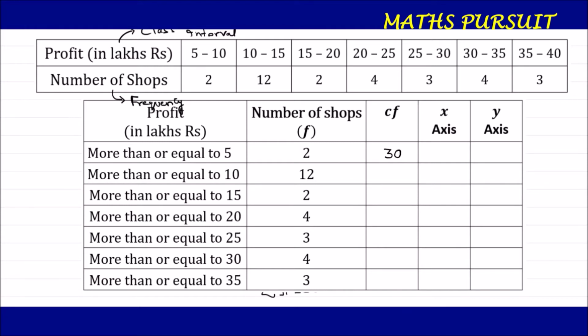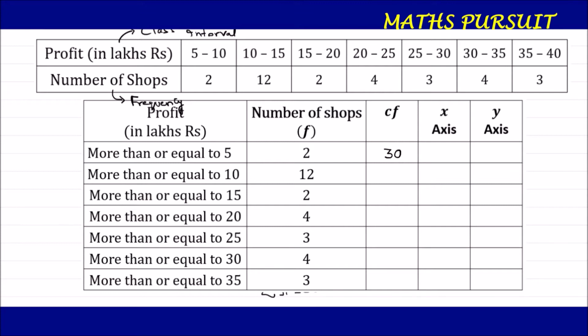Similarly, coming to the second part, here it says more than or equal to 10. That means here the data is more than 10, so everything will be covered starting from here: 12, 2, 4, 3, 4, 3. And we are excluding the before range, that is 5 to 10.